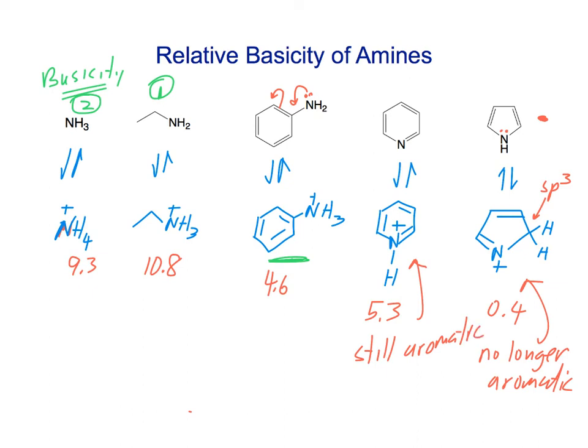But another way we can think about it is that pyridine, the nitrogen, well, they're all kind of like this, but compared to these over here, this is sp3 hybridized, right? The nitrogen in pyridine is sp2 hybridized, which makes it more electronegative. And when it gets protonated, we have a plus on a more electronegative atom, which is less favored. Okay?